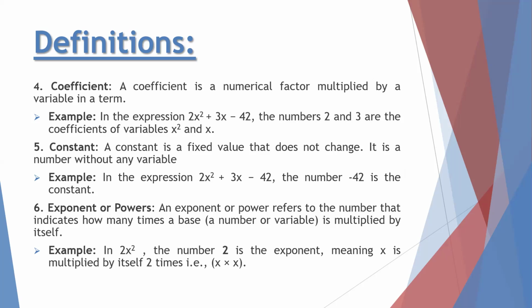So here below, the example is given as 2x squared. The number 2 is the exponent, meaning x is multiplied by itself 2 times. See, the variable x is raised to a number which is 2. It means that variable x is multiplied by itself 2 times.